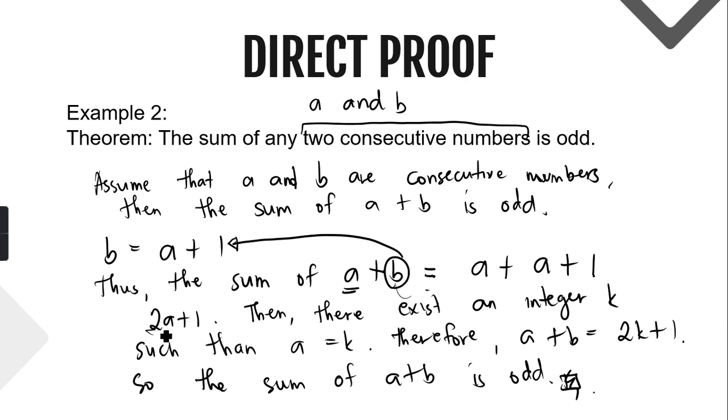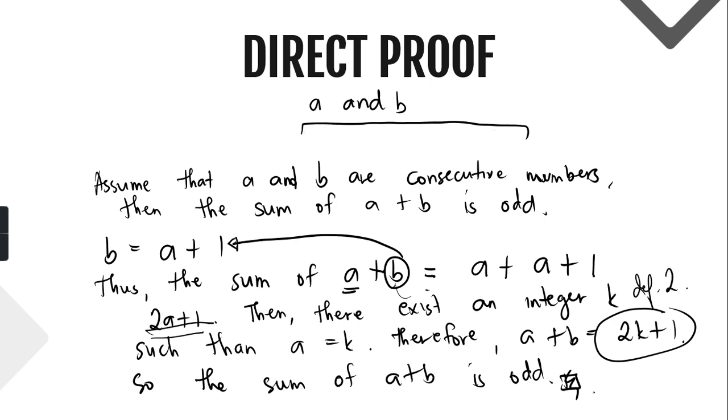Then, we have here 2A plus 1. So, then, there exists an integer k such that A is equal to k. Therefore, A plus B is equal to 2k plus 1, which fits definition number 2. 'Di ba? So, the sum of A plus B is odd.